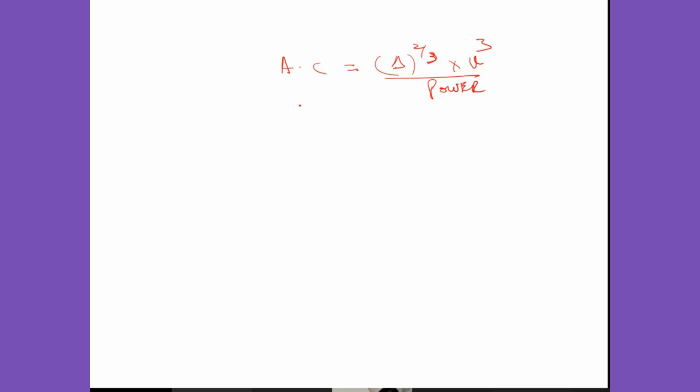Units in this formula: delta, displacement, is in tons. V, speed, is in knots. Power is in kilowatt. These are the units if I am using this relationship.